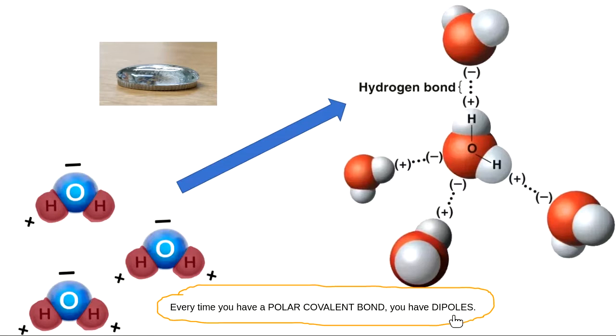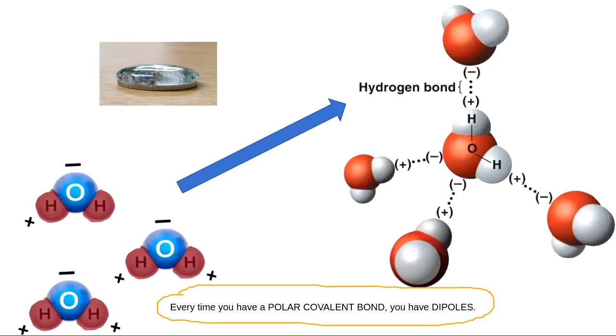When we talk about water with its partial positives by the hydrogens and its partial negative by the oxygen, we see these things that you guys mentioned in our word cloud called hydrogen bonds. When we talk about hydrogen bonds, I think I put it in your guided lesson.